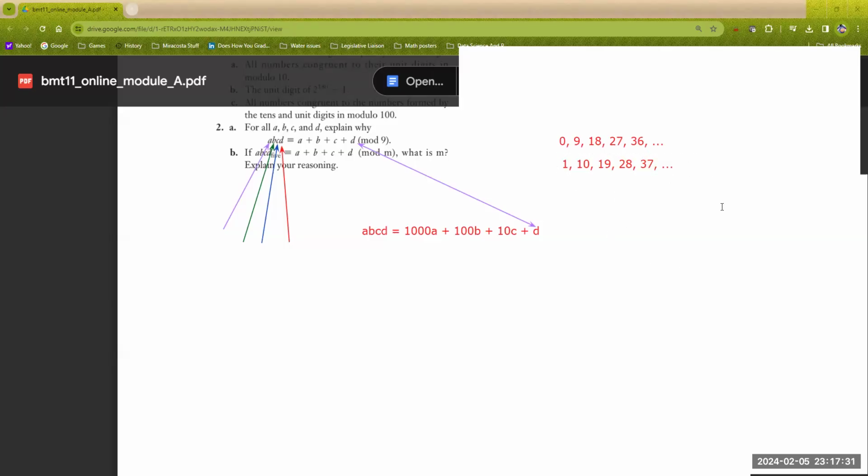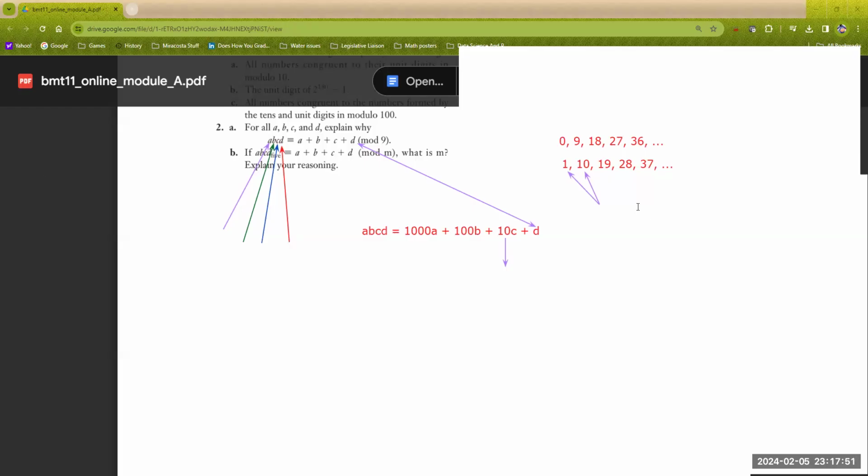Any one of these you can replace with any of the others because they all have the same value. So what's the big deal? Well, for 10C, notice the number 10 is in this list. It has the same value as 1. So 10 is equivalent to 1 mod 9.